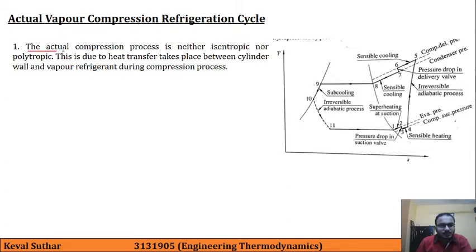The actual compression process is neither isentropic nor polytropic. This is due to the heat transfer that takes place between the cylinder wall and vapor refrigerant during the compression process.